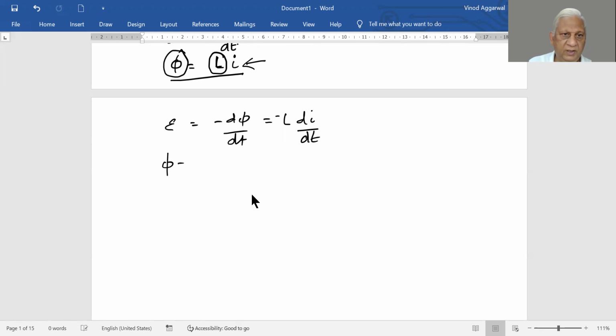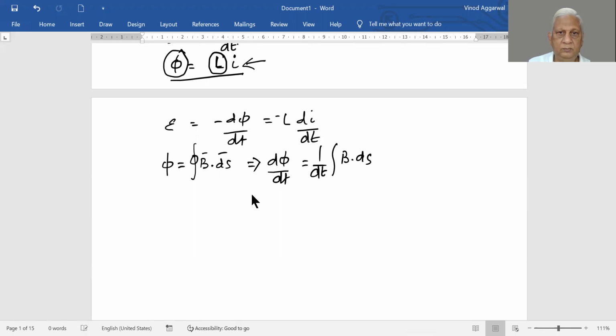We also know phi is equal to the integral of B dot dS over the whole surface. This will imply d phi by dt is equal to this.